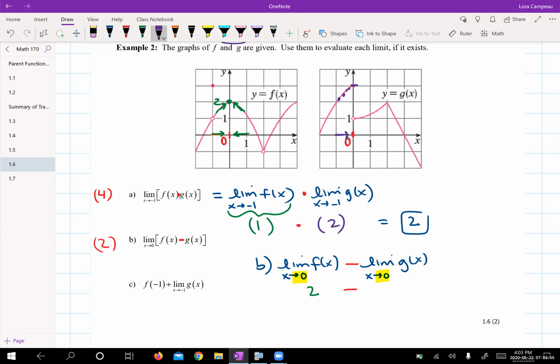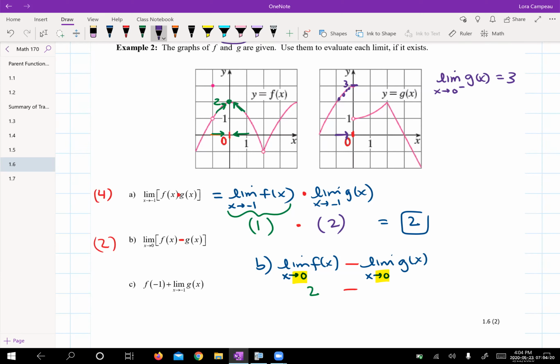Maybe I'll write this up on the side: the limit as x approaches 0 from the negative side of g of x. It appears that they are approaching the value of 3.